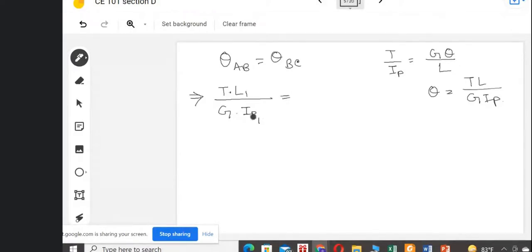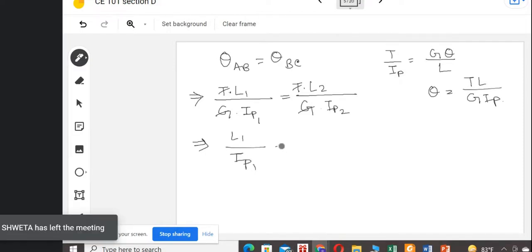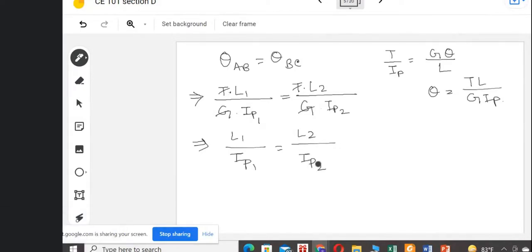It will be different for BC because the radius and diameter are changing, so the section is changing. T should have changed, but here we are designing the whole shaft for the same T, so we use that T into L2 by G into IP2. So T gets cancelled, G gets cancelled. So L1 by IP1 is equal to L2 by IP2.